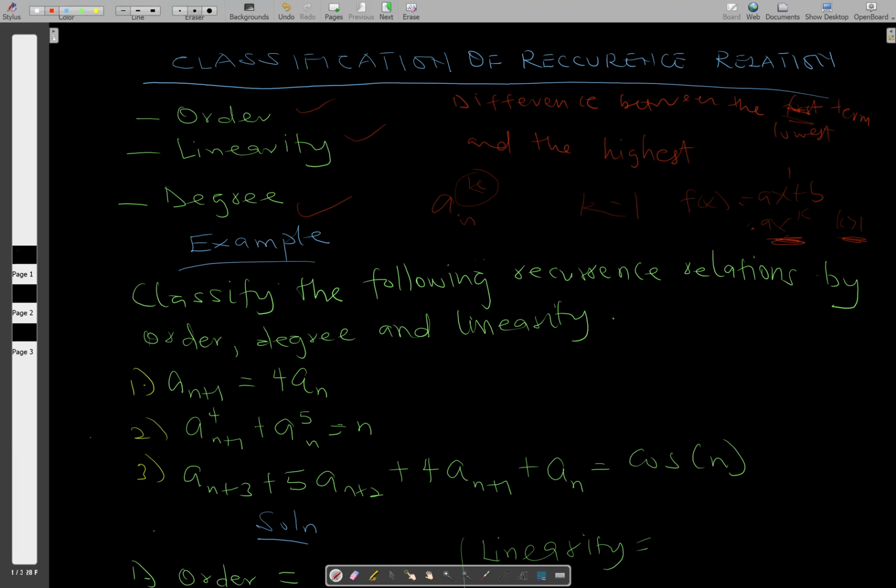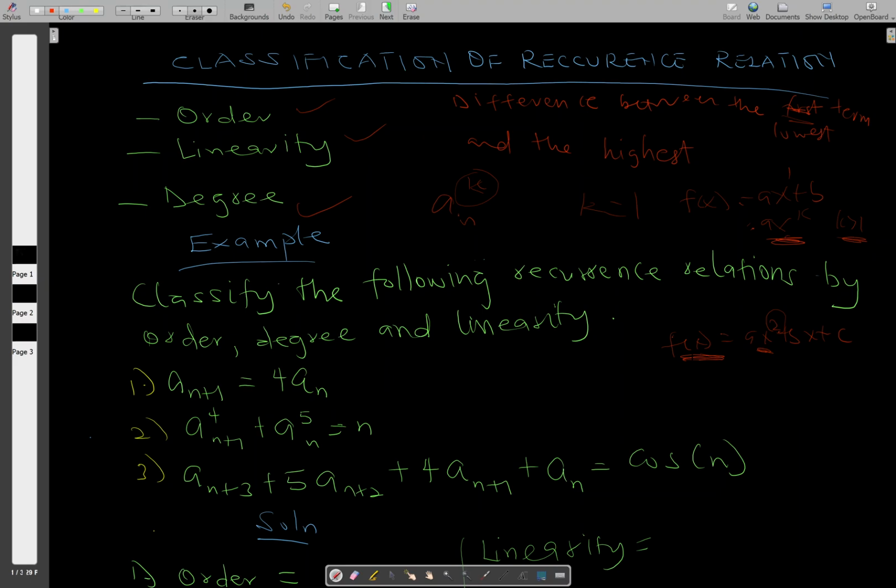Just like a polynomial function, when you have f of x equals ax squared plus bx plus c, the term with the highest index is the first term, and the highest index is 2. This is to the power 1 and this to the power 0. So the highest index is 2, and therefore we say the degree of the polynomial function f of x is 2. The same thing applies here.